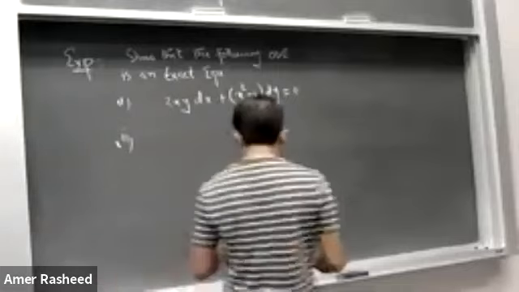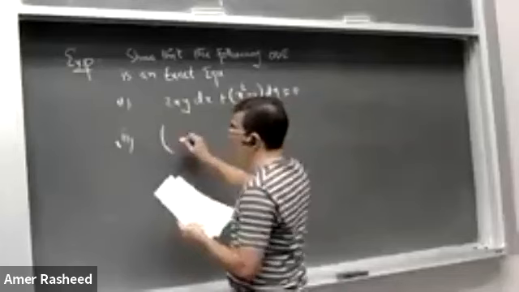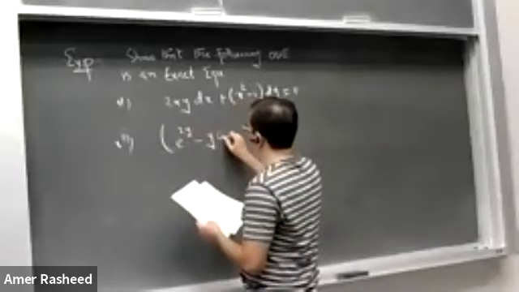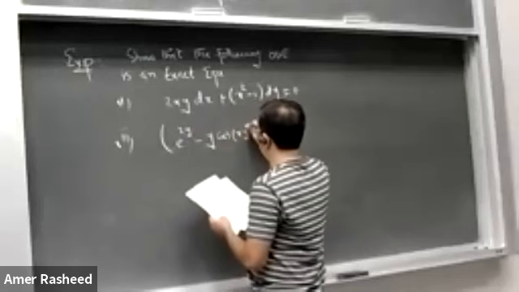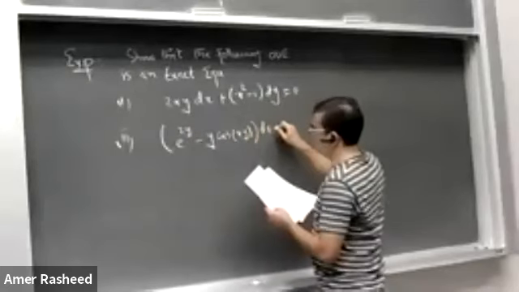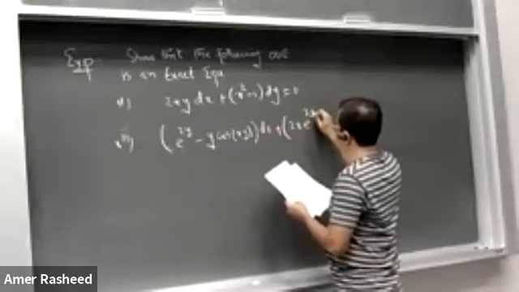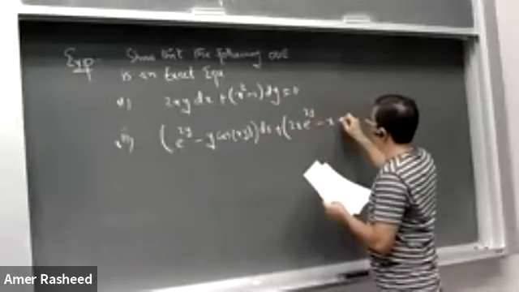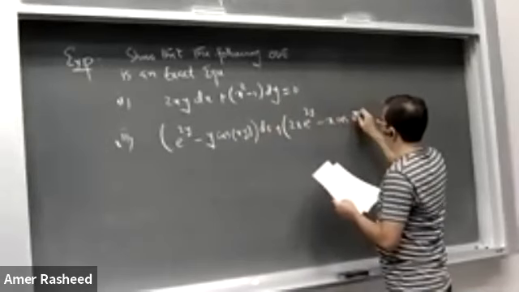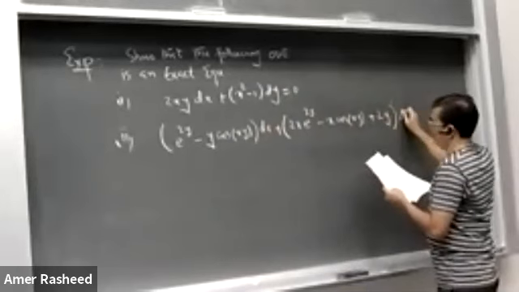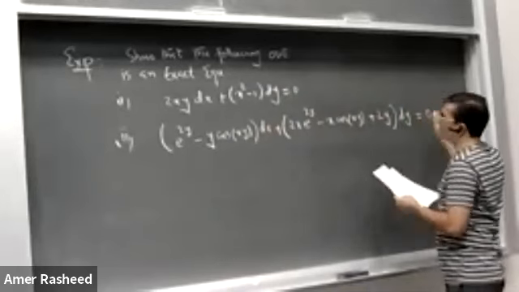There are some more examples. e to the power 2y minus y cosine of xy dx plus 2x e to the power 2y minus x cosine of xy plus 2y dy equal to 0.